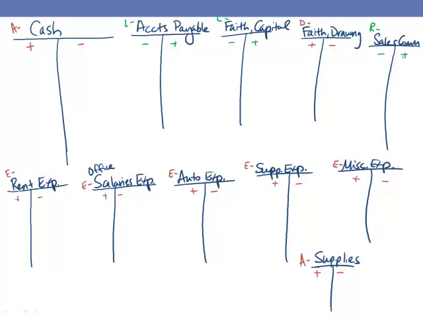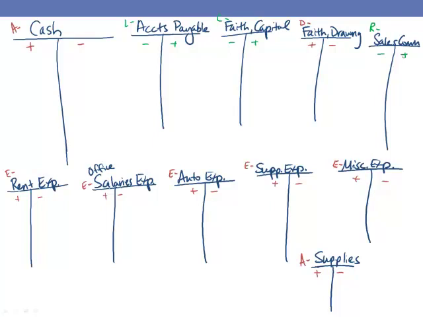You either borrow the money, or your owner invests the money, or it's from some leftover net income from a previous period. So we're accounting for everything we own. We're saying, how did you get that? Did you borrow the money? Did the owner invest it? Did it come from net income from a previous period? Where did that come from?